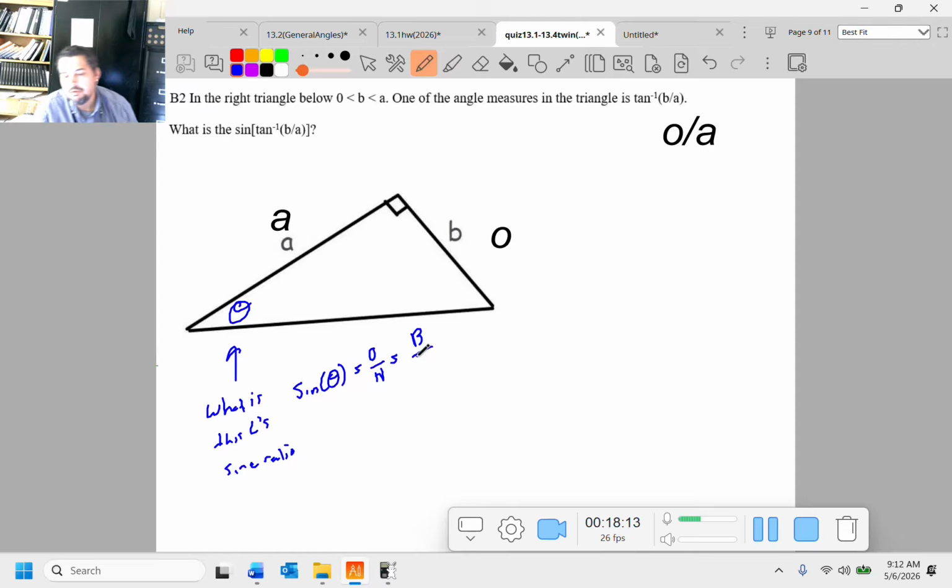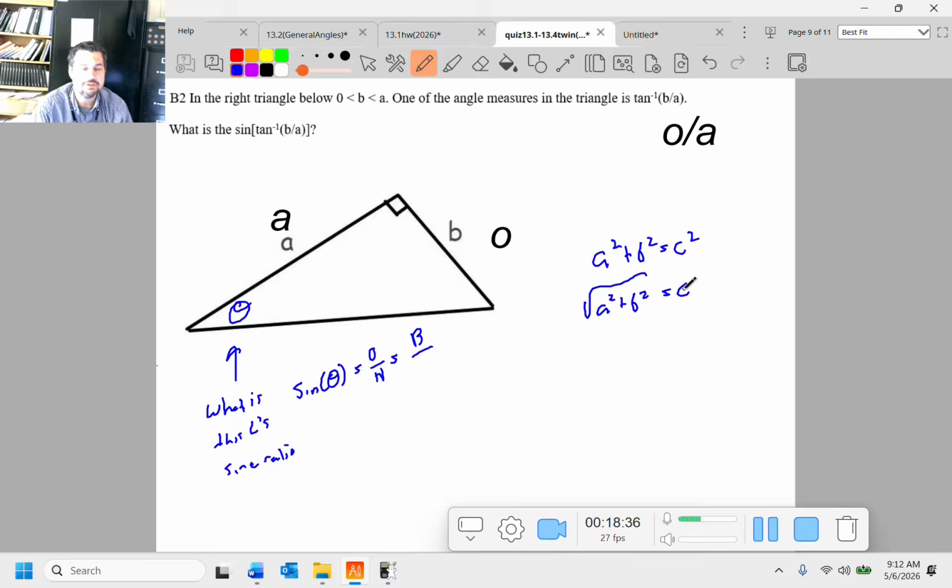Figure it out. We're going to use an old theorem that says a squared plus b squared is c squared. And I have no idea what c is, which is okay. All I got to do is take the square roots of both sides. And don't you be the dum-dum who thinks that's a plus b. The square root of a squared plus b squared is not a plus b. That makes no sense.